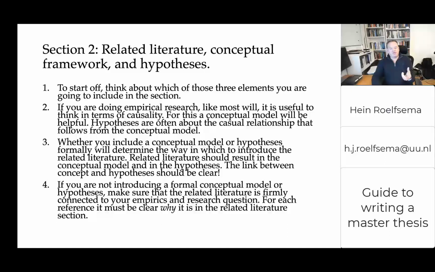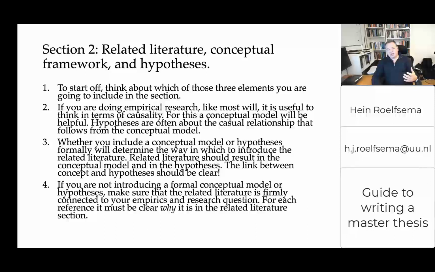Because point 3 is that often you set up some kind of a conceptual framework for empirics using existing literature. So if you have hypotheses, they should come from the related literature already, and the conceptual model as well. Maybe there are gaps in the literature, but at least the framework and where you try to add comes from the related literature.